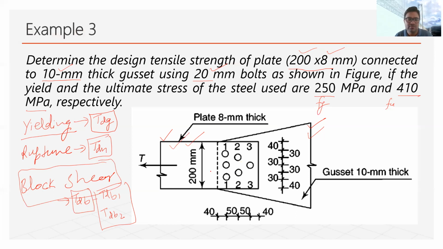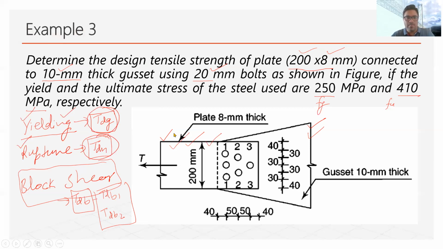In the zigzag manner, the plate may fail either in yielding or in rupture. So we will find the strength of this plate in yielding, the TDG value, and in rupture, TDN, and both strengths will be compared. The least among TDG and TDN will be the design tensile strength of the plate.